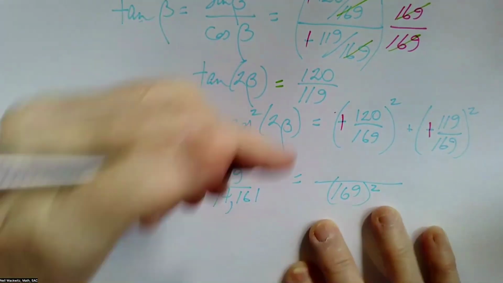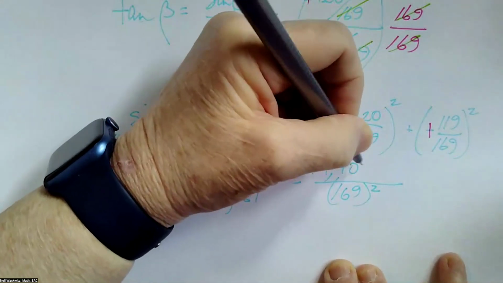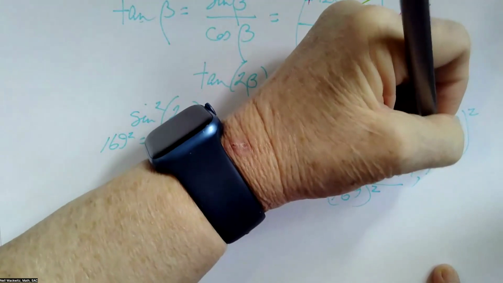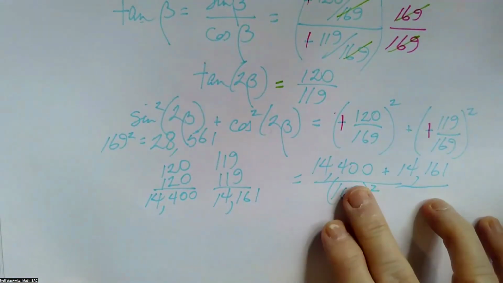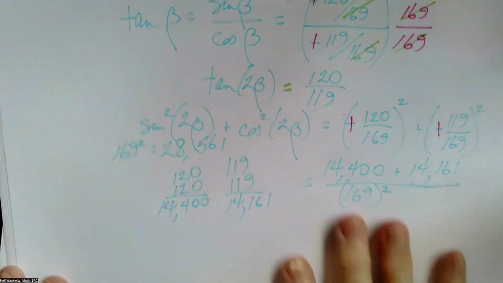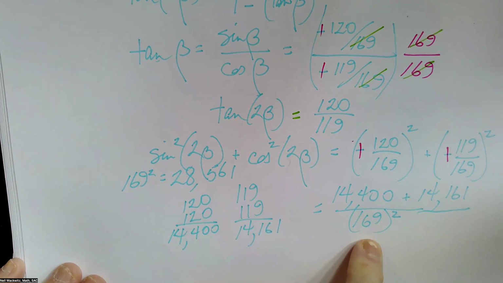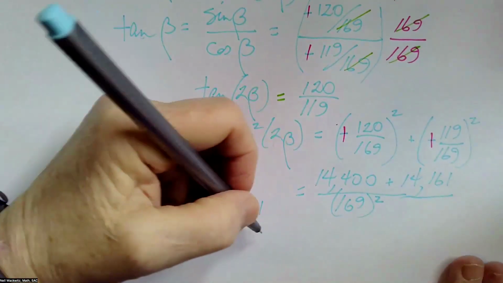That's our numerator. So we've got 14,400 plus 14,161. And when we add those together, we should get 28,561, because that's the denominator and that's how we'll get 1 overall.